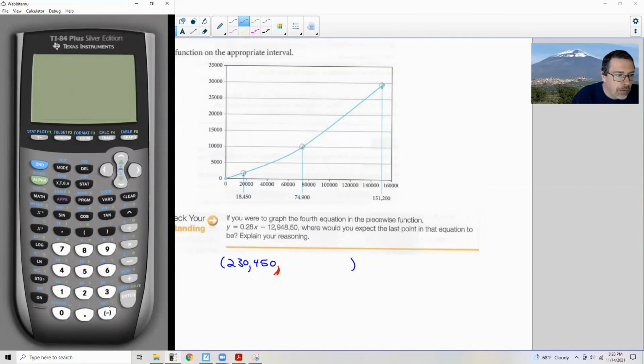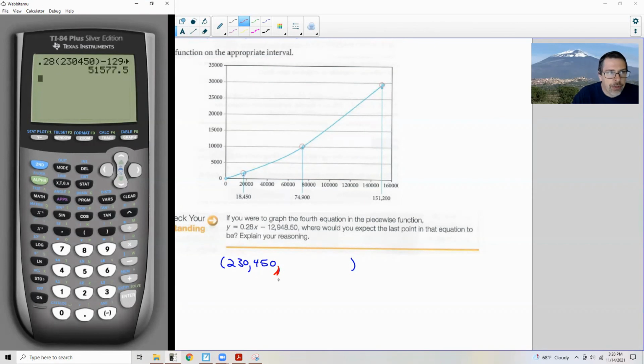And so then when I put that in my calculator, I would put 0.28. I'm putting the equation with this X, $230,450. And it's going to be minus $12,948.50. And when I do that, what happened? Oh, I don't need a parentheses there. Delete, enter.